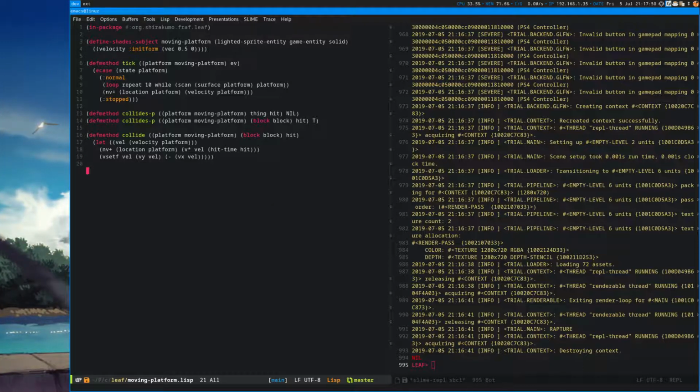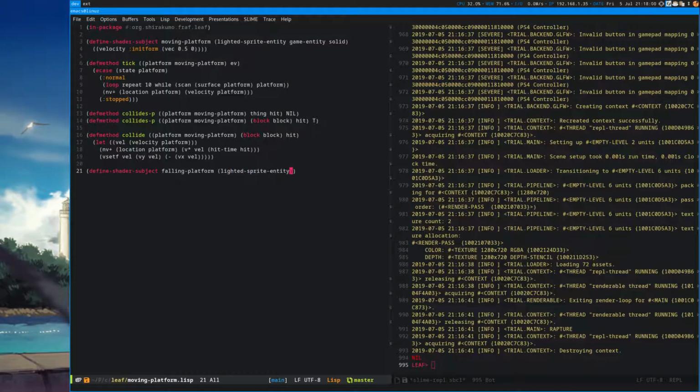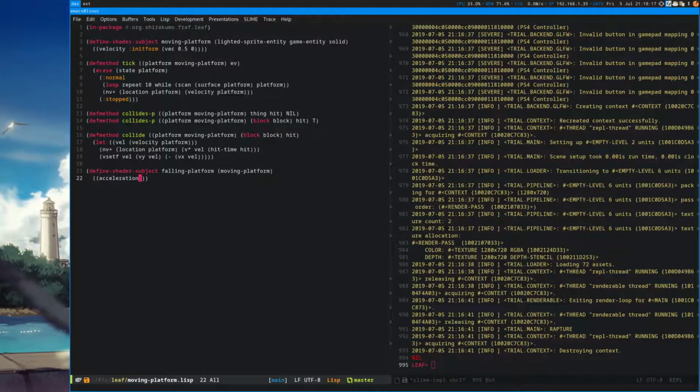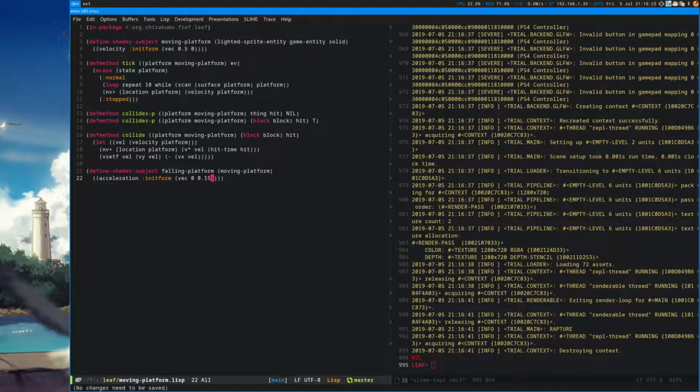So, alright, define shader subject falling platform. Actually, that should be a moving kind of thing. And we can just define an acceleration. Let's say 0.15. I think that's the gravity we have.